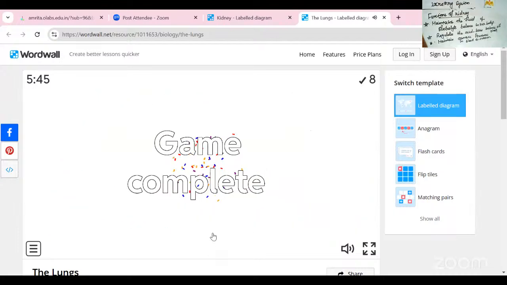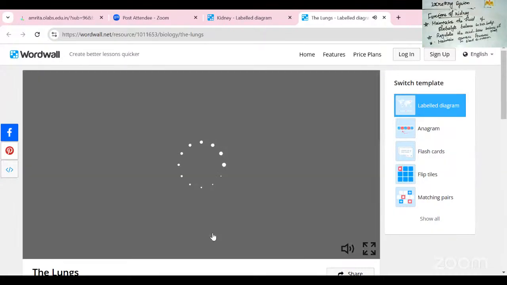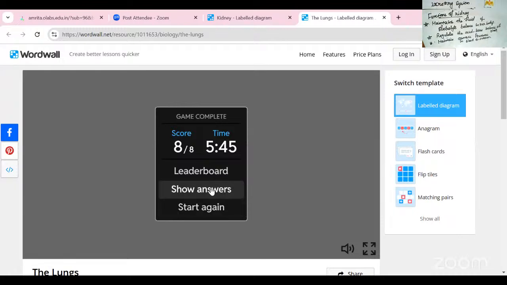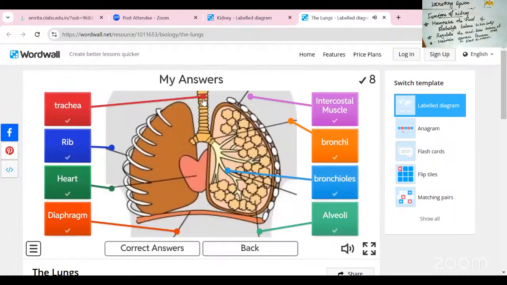This part is known as the trachea. This part is known as the rib. The ribs are present on the sides of our chest. This is the heart. This is the diaphragm.